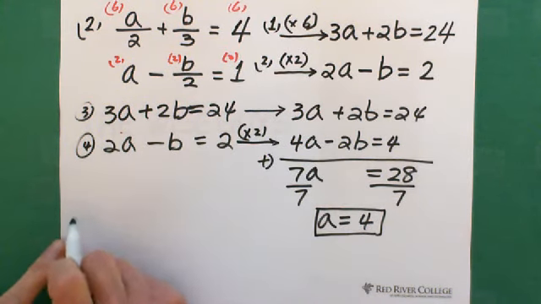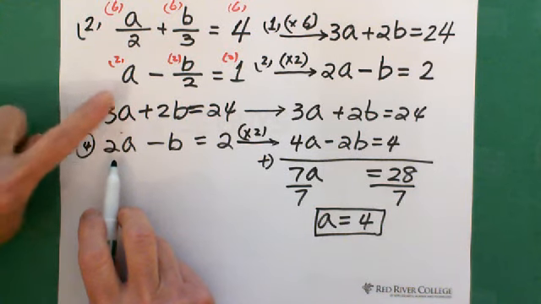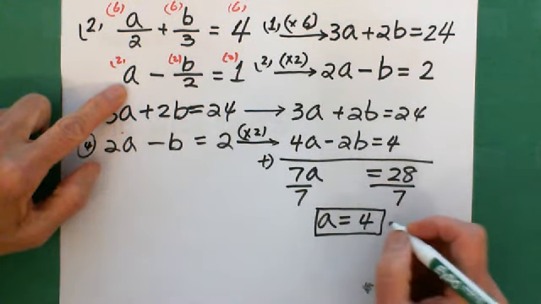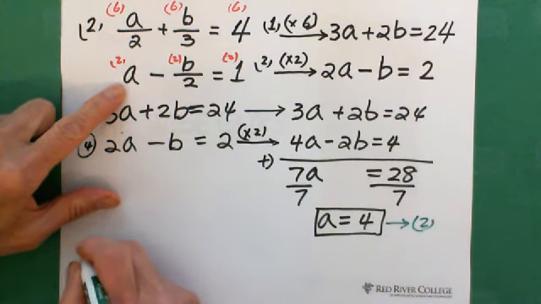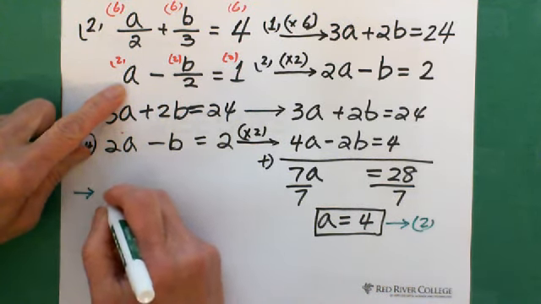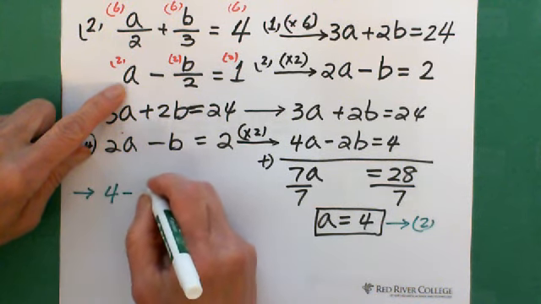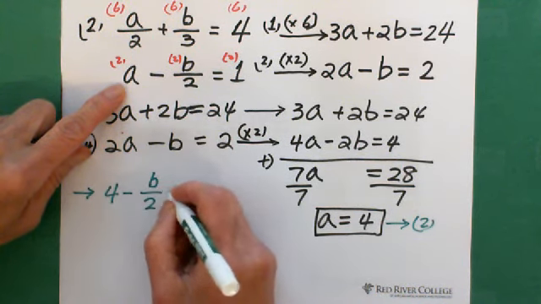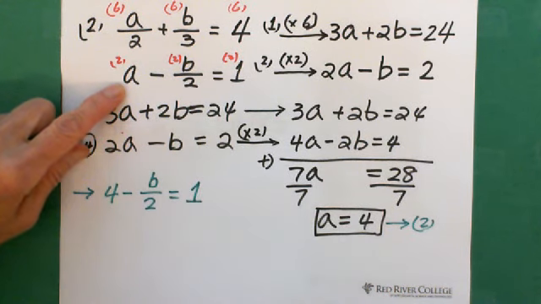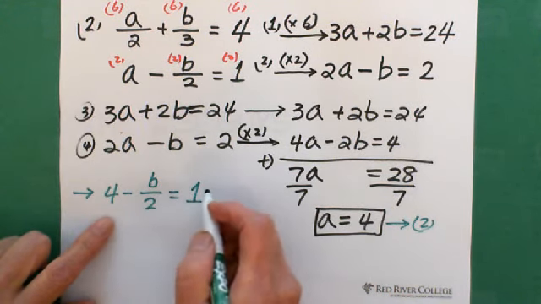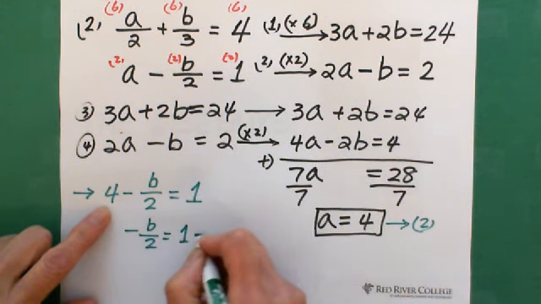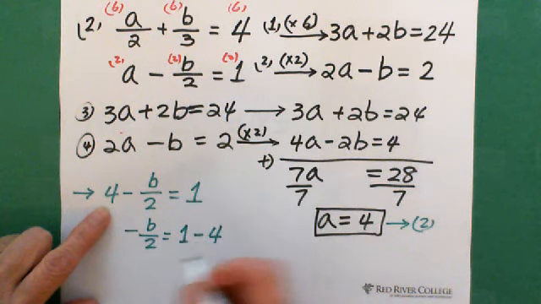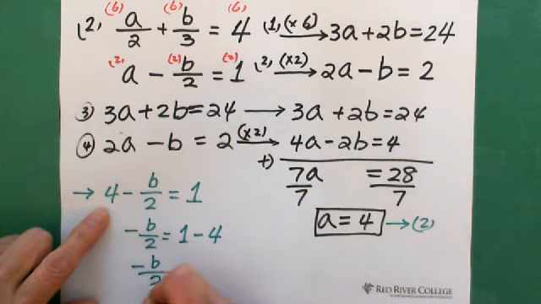So we have 4 minus b over 2 equals 1. Move 4 to the other side: negative b over 2 equals 1 minus 4, which is negative 3.